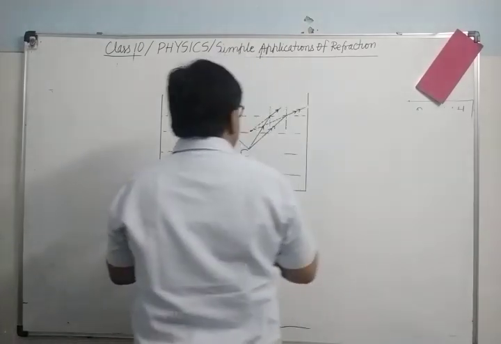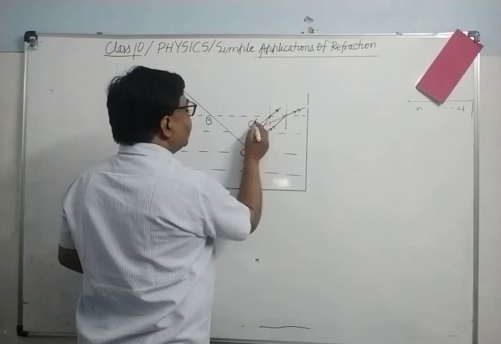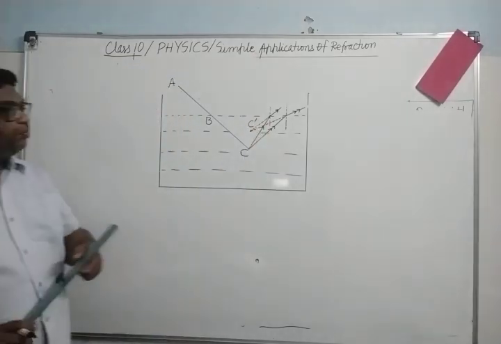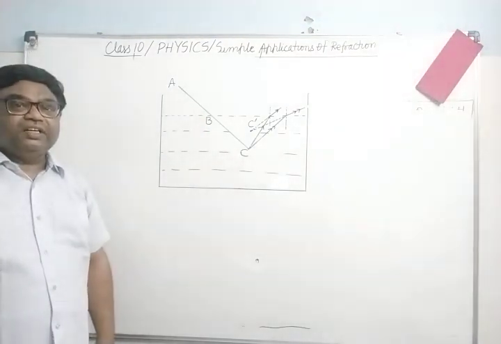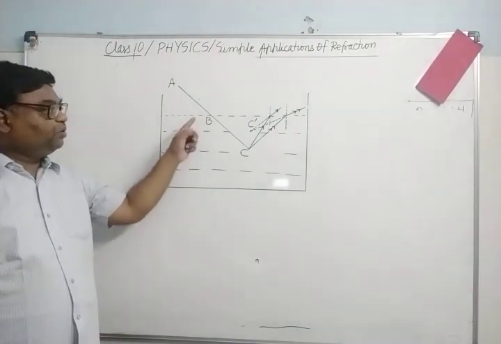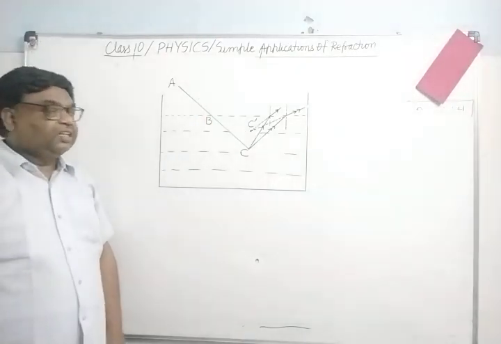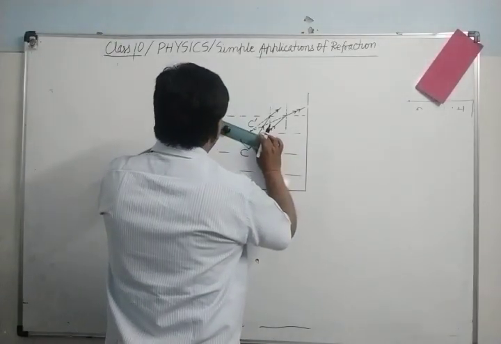It means the image of C will form at C dash. Same will be true for all other points in between B and C. Their image will form in between B and C dash.